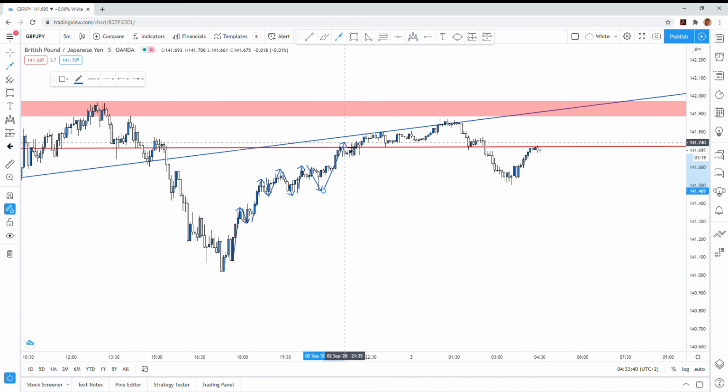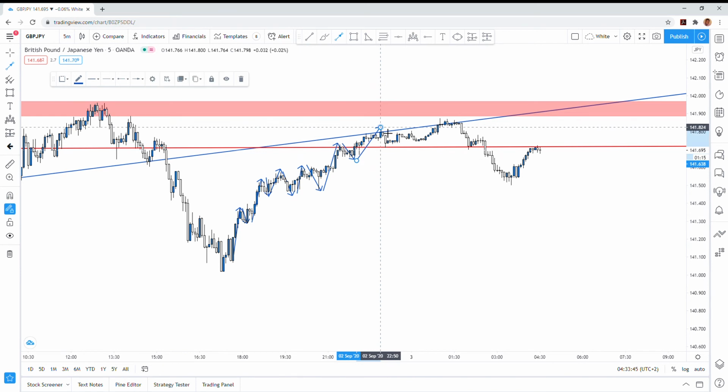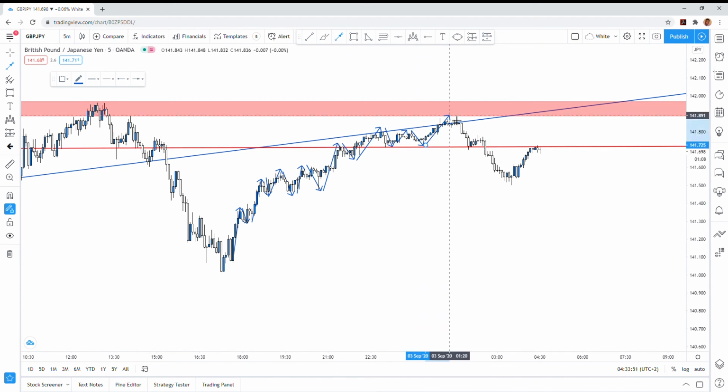I had to take the weak area. You see, this is how price was retesting, right? That's what price was doing when it was coming back for the retest. What I mean by momentum shift is this.